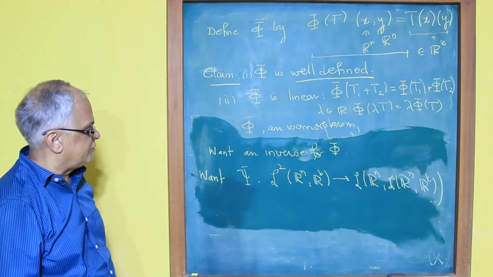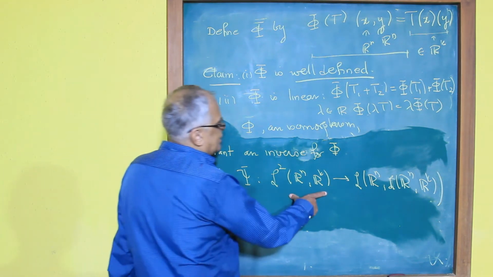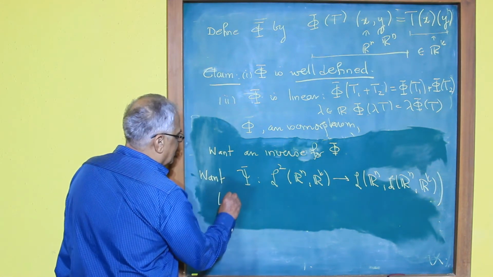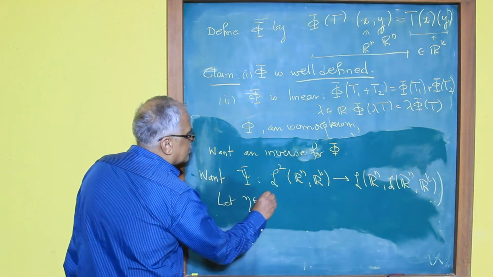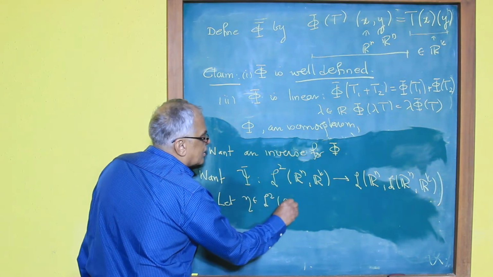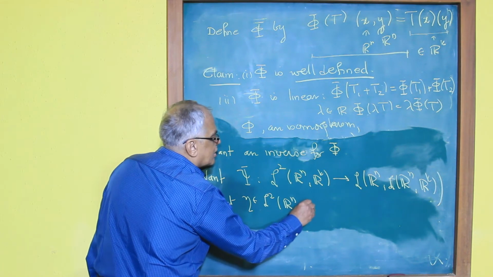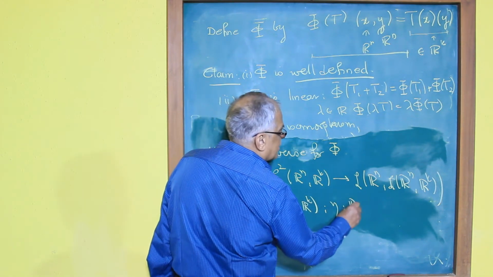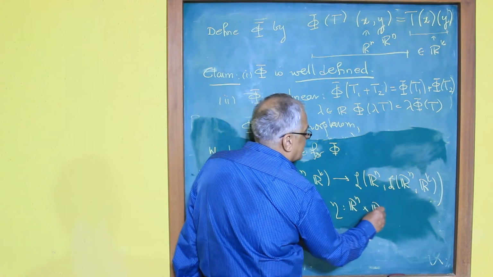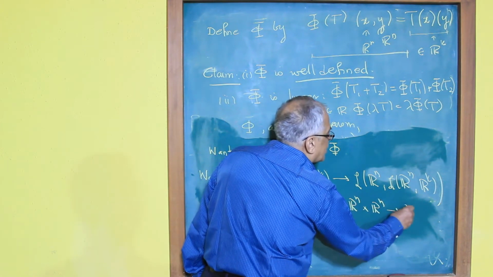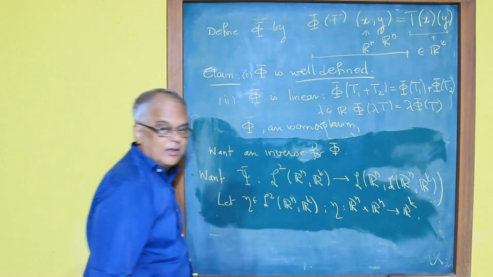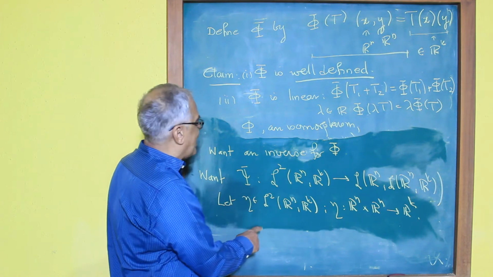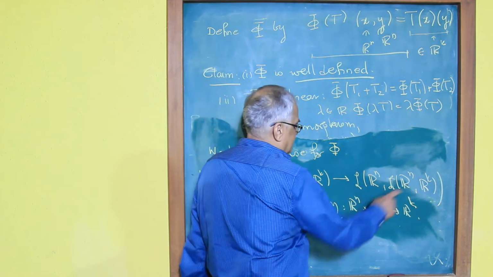So let's just think about this a little bit. Let eta be something here. From eta I want to construct psi of eta, which should be an element here.